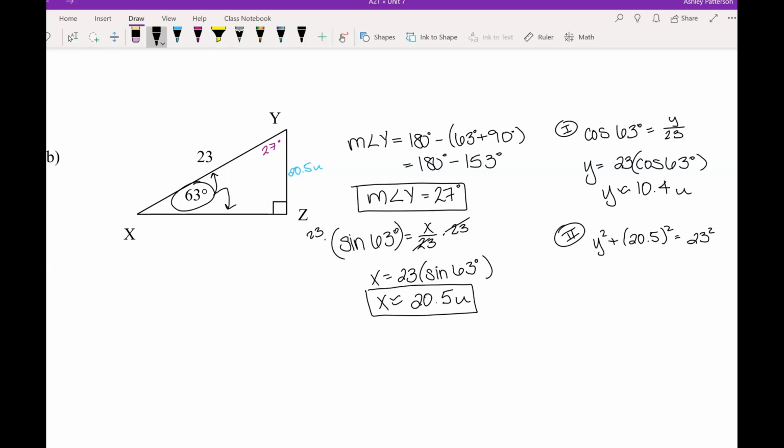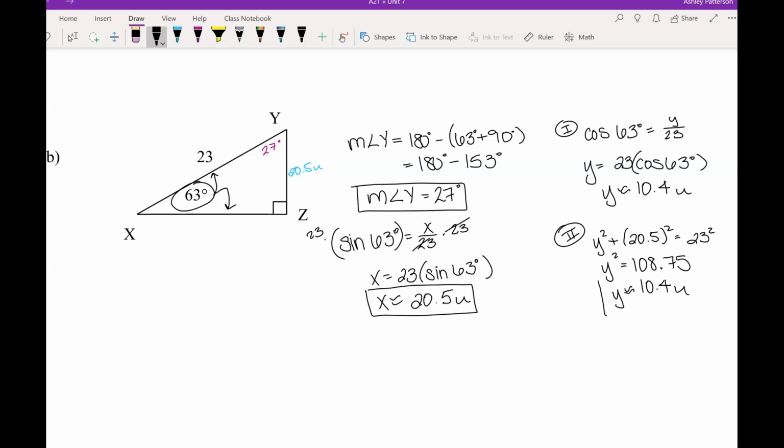So if we take 23 squared and subtract 20.5 squared, we get that y squared is equal to 108.75. If we were to take the square root of the answer, just plugging it into my calculator, we get that y is approximately 10.4 units.